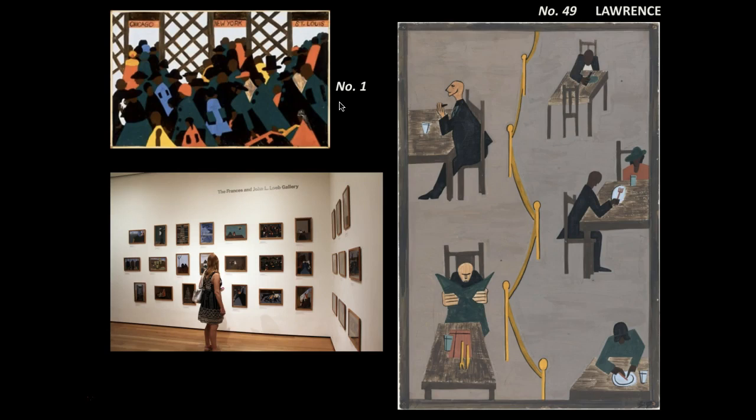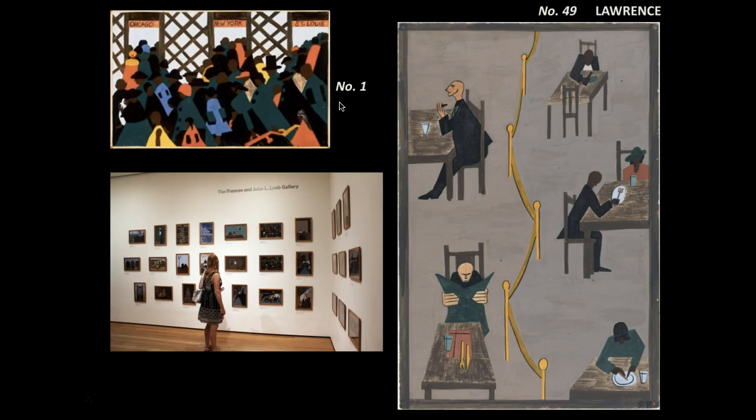Moving did mean greater opportunity in regards to jobs, but it didn't necessarily stop the racism they were experiencing. That's one of the themes Jacob Lawrence shows throughout his migration series: the racial divide between African Americans and the rest of the population.